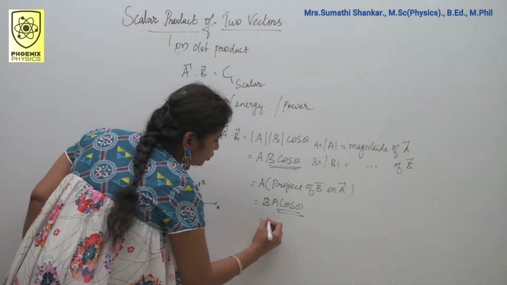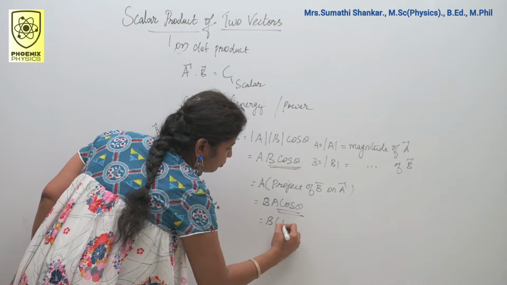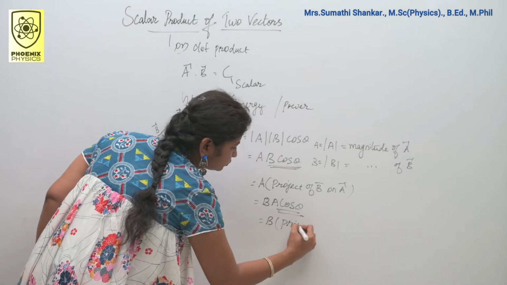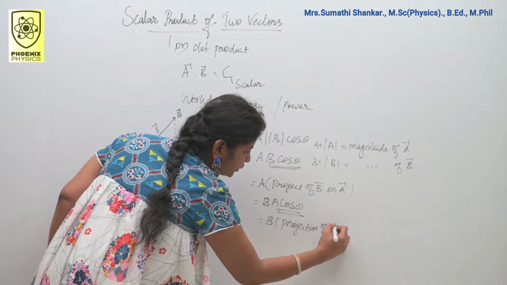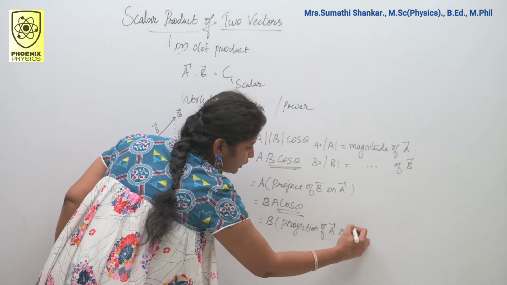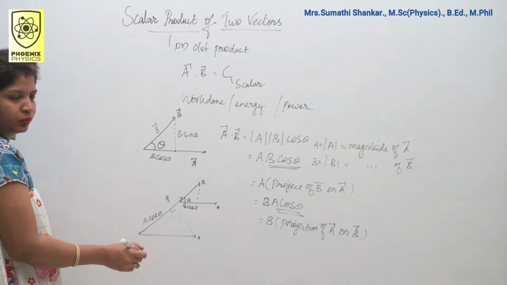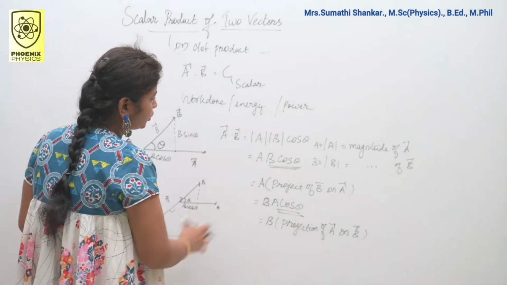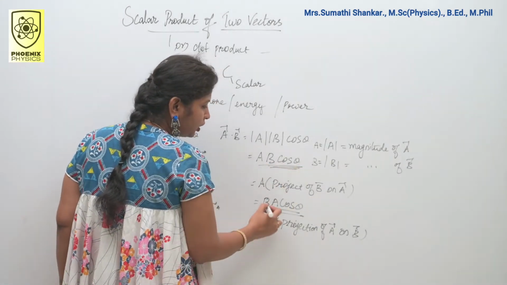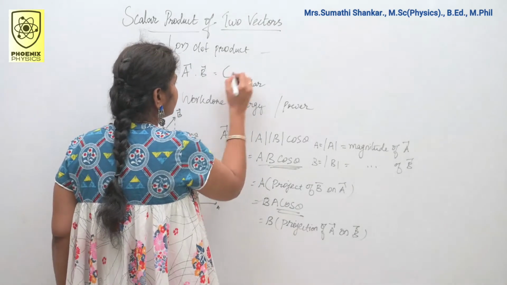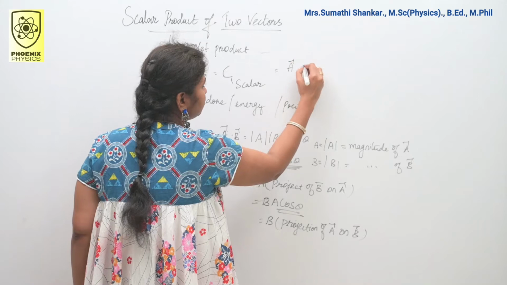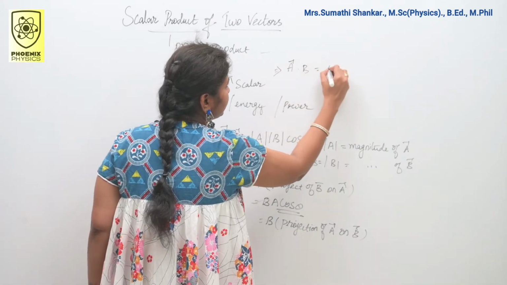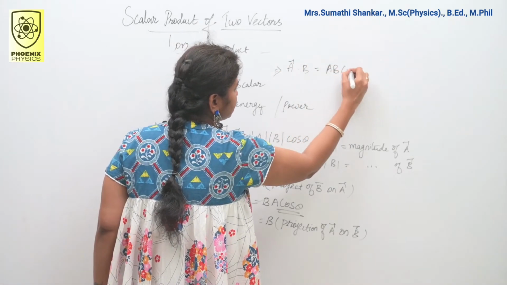So you can write it as the projection of A vector on B vector. Okay, both are the same. So A dot B is equal to AB cos theta or BA cos theta. So C can be written as AB cos theta, that is A dot B is equal to AB cos theta.